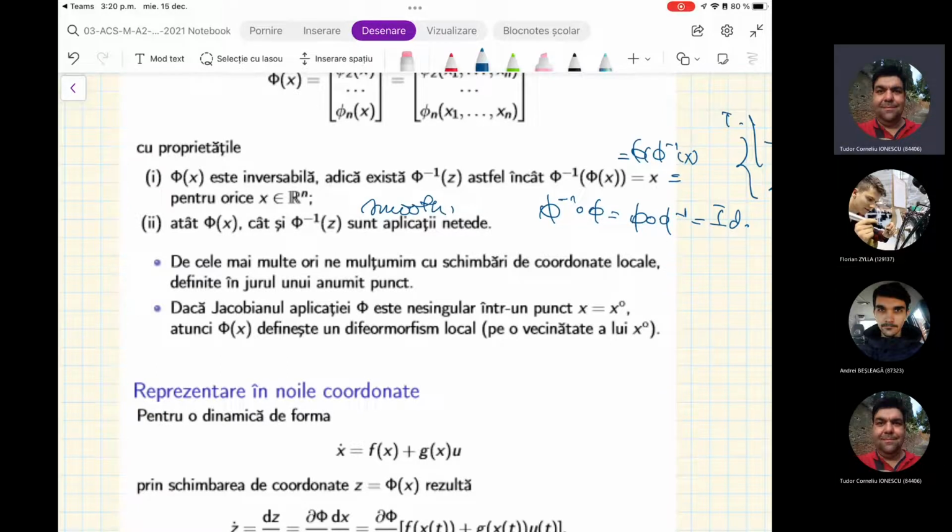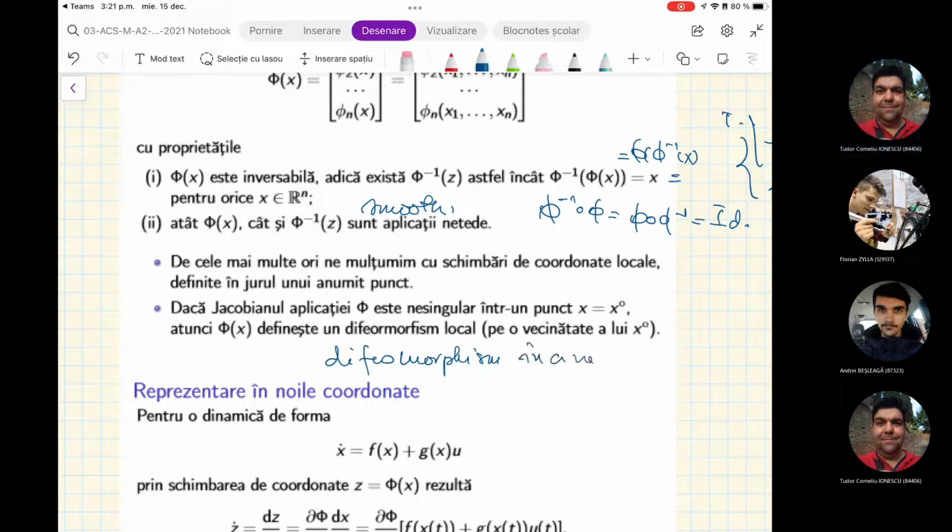Most of the time we are happy with local coordinate changes defined around some point, of course. So essentially we do this locally. If the Jacobian of phi is non-singular, is invertible at some point x naught, then phi is defining a diffeomorphism in a neighborhood of x naught.